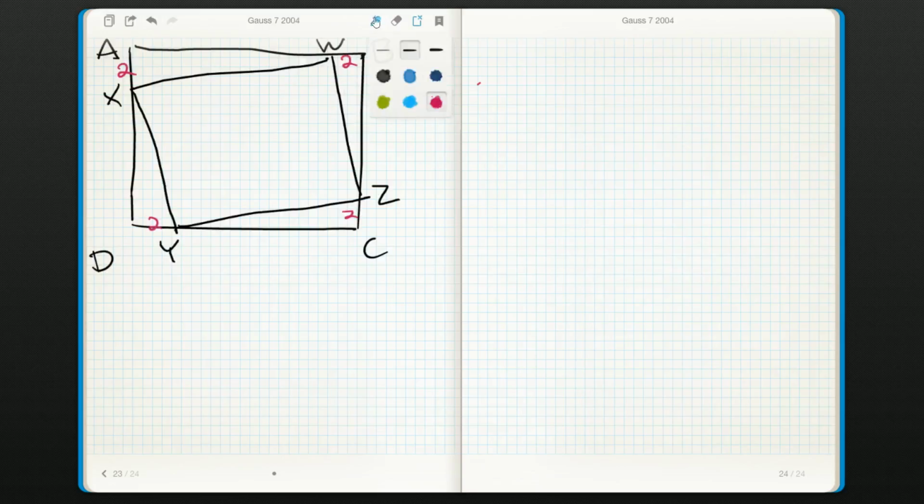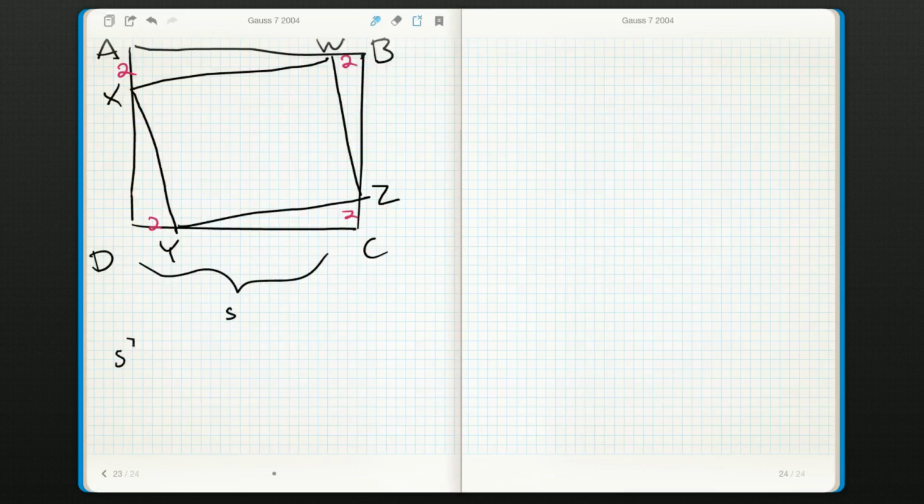So we got 2's there. What else can we do? Well, it's a square. So whatever this side length is, maybe we'll call it S, we know that S squared has got to be 64. We also know that these other lengths are S minus 2.